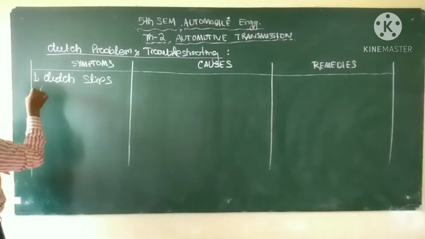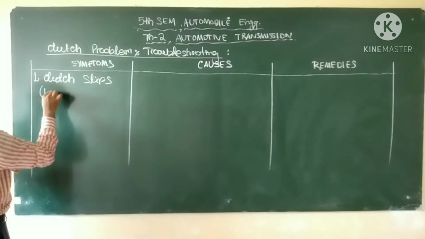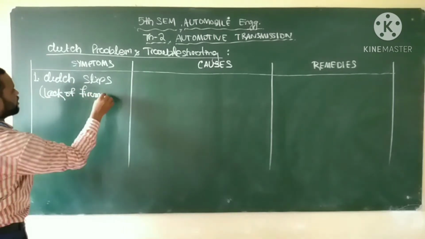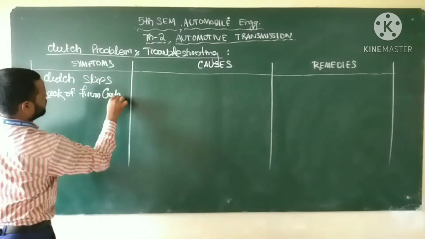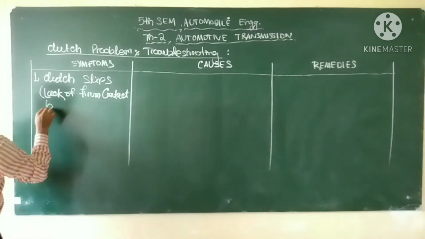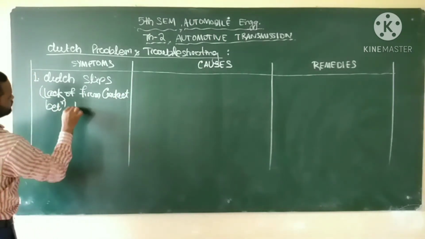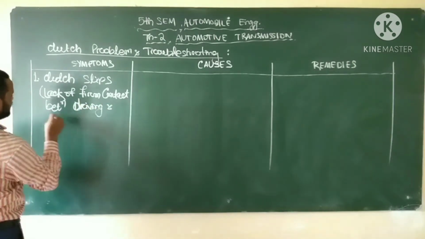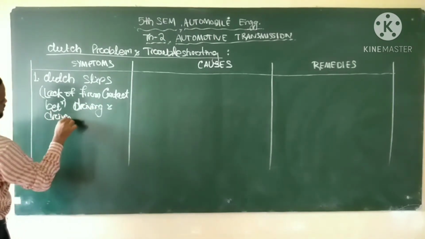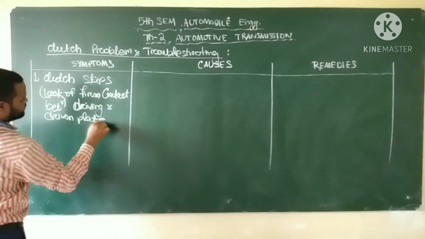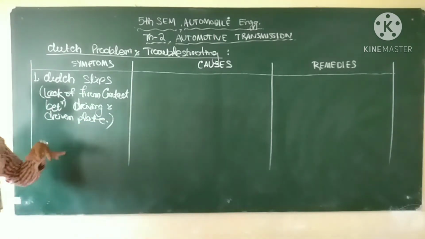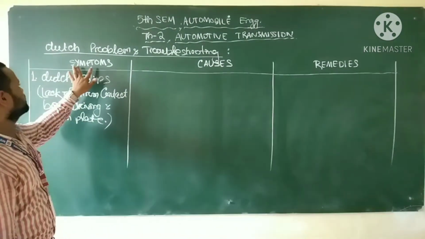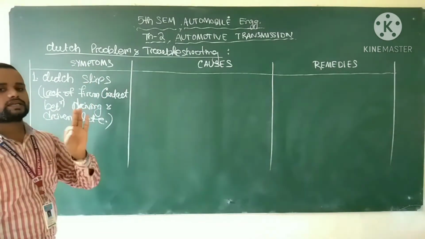In the bracket write: lack of firm contact between driving and driven plate. Then clutch slips will happen. This is the first symptom in case of clutch.